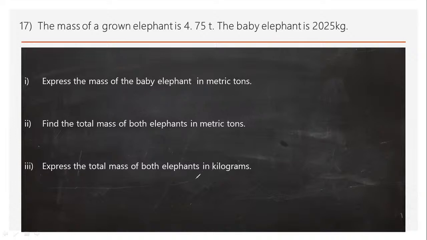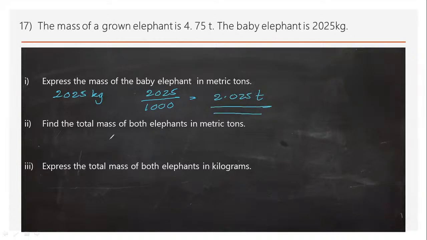The mass of the grown elephant is 4.75 tons. Baby elephant, already given in kilograms, 2025 kilograms. So we have to divide by 1000. 2.025 tons. This is the mass of the baby elephant in tons.